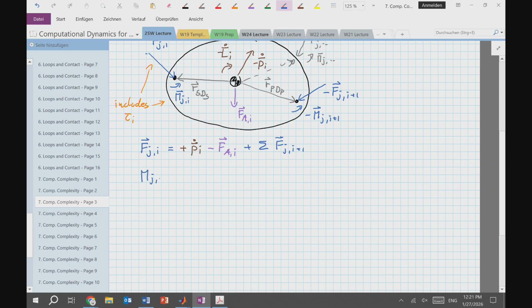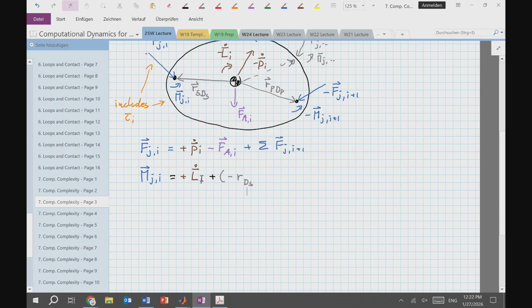And then we can do the same for torques. So we have our free torques. So this would be the D'Alembert torque, the change in angular momentum, plus, and now we have to do a little bit of math because the constraints that are acting here are also generating torques.